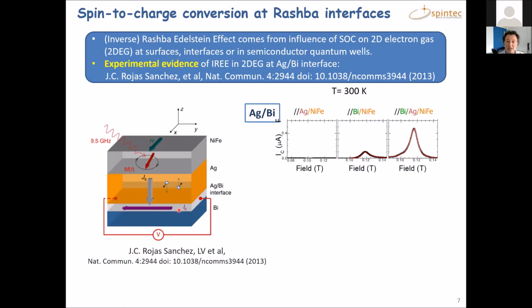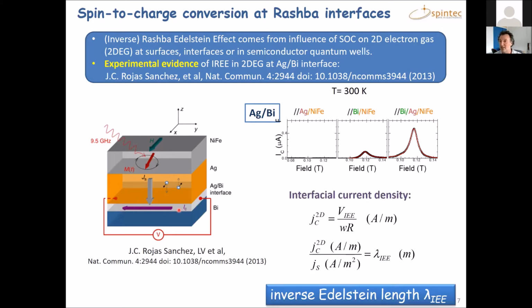And so the ratio between these two currents has a dimension of a length, and we call it the inverse Edelstein length. So this is pretty different from the analysis of the spin Hall effect, because in the spin Hall effect, both mechanisms, direct and inverse, use exactly the same spin Hall angle, which is not the case for the Rashba and Edelstein effects. In the case of silver bismuth, we extracted an inverse Edelstein length of the order of 0.3 nanometer.